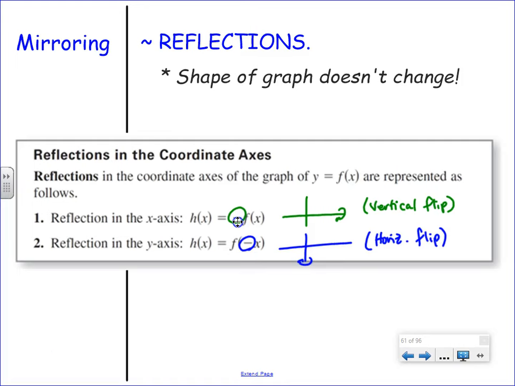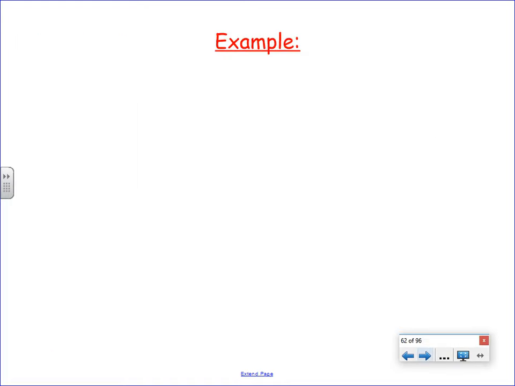Ready for examples? Ready. Sure. Okay. So what if I was to ask you to graph y equals, you can use a table if you would like.